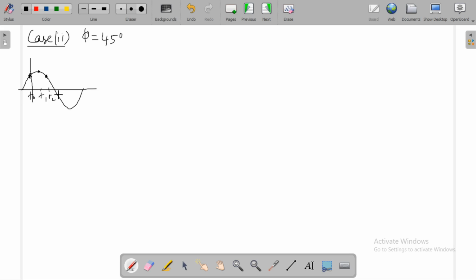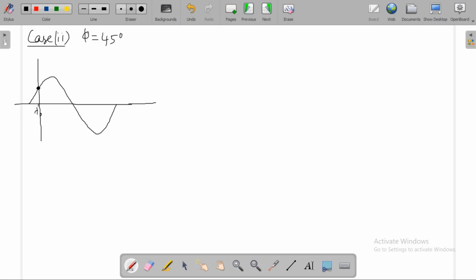T1, T2, and this will be T3. Now this point will be T naught.